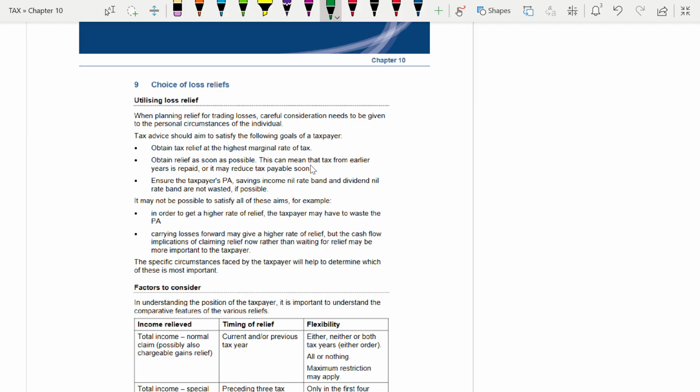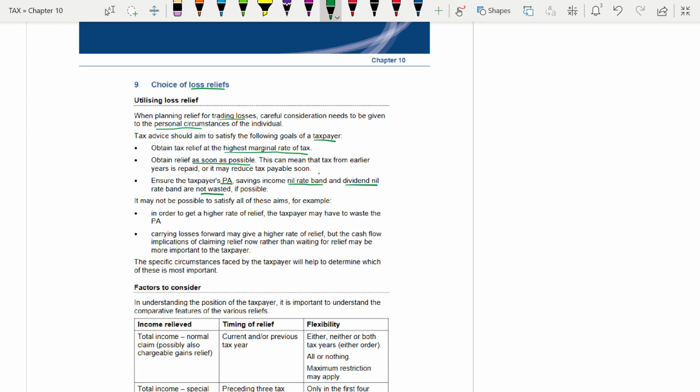Choice of loss reliefs. When planning relief for trading losses, careful concern needs to be given to personal circumstances. Tax advice should aim to satisfy the goals of the taxpayer: obtain relief at the highest tax rate; obtain relief as soon as possible, which means that tax from earlier years is repaid or it may reduce tax payables; ensure that the taxpayer's personal allowance, savings allowance, nil rate band and dividend nil rate band are not wasted.